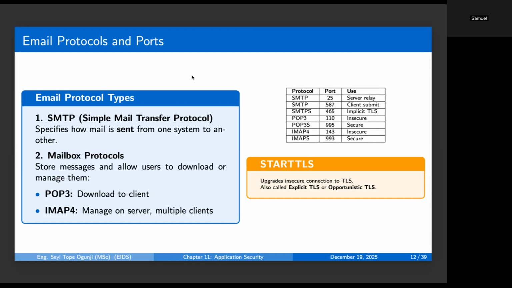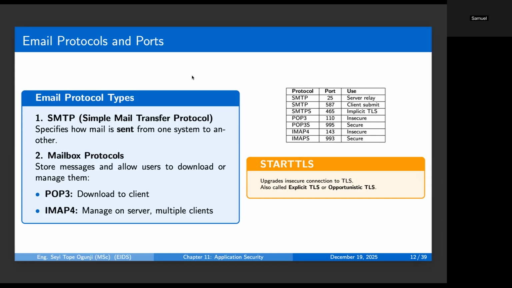The other port is port 587. This one is between computer and server. Think of it this way: I pick my parcel, go to this post office or courier delivery service and give them my parcel. So this is communication between the computer and the server.